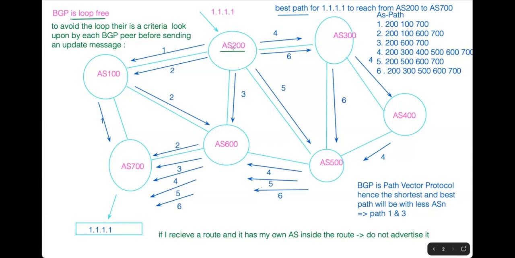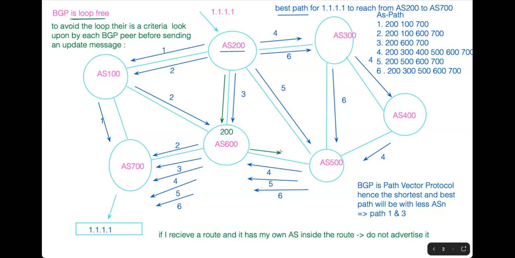When AS200 has advertised it to AS300 with path number 3, what is being received by AS600? That route is originated from 200, right? So can I advertise it? Since my AS number is not there, I can advertise it. Where exactly can I advertise it? In every direction.